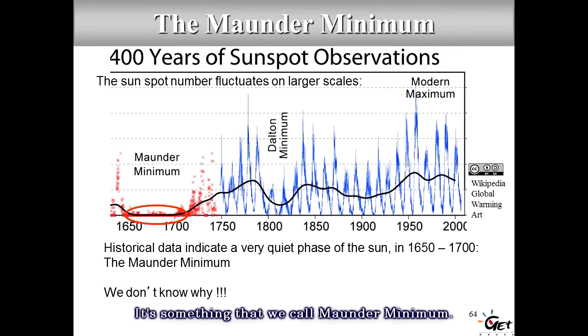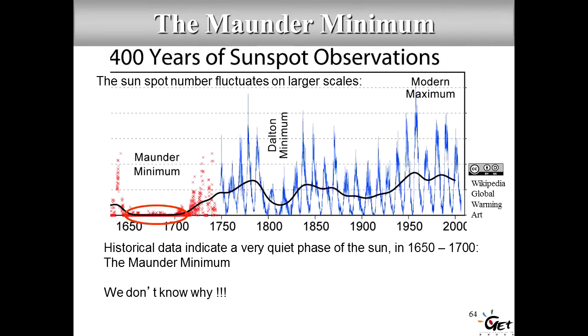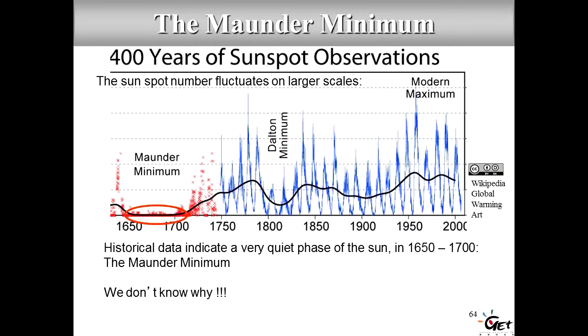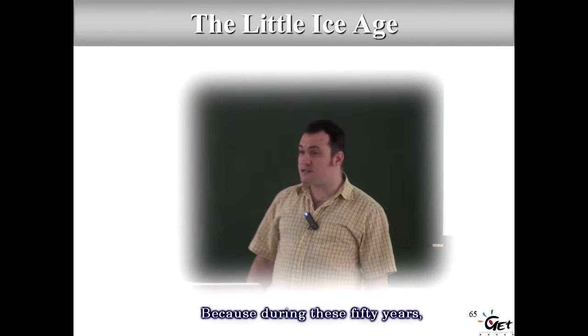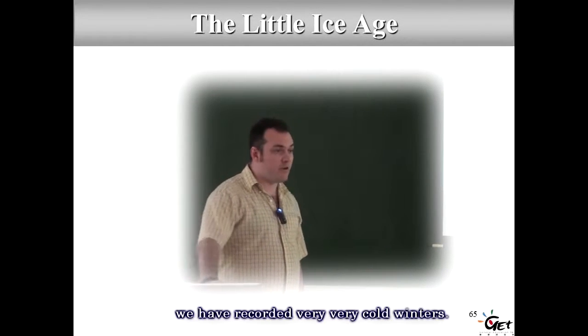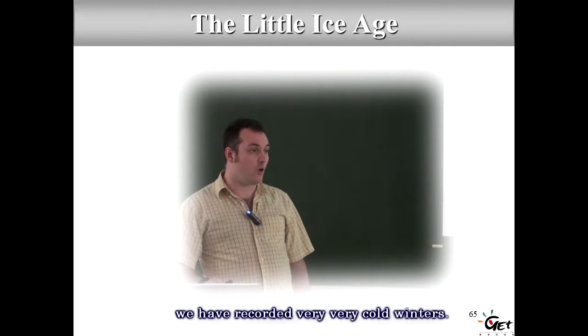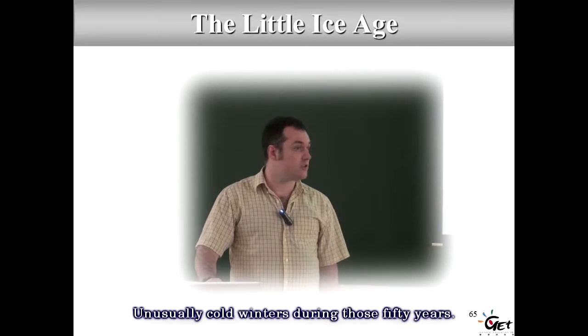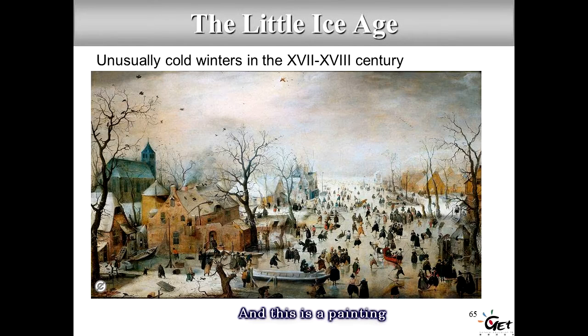It's something that we call the Maunder minimum. And we know that this had a very direct impact on Earth, because during these 50 years, we have recorded very, very cold winters, unusually cold winters. And this is a painting of a lake that is frozen during summer. I think it's Dutch, so Northern Europe.